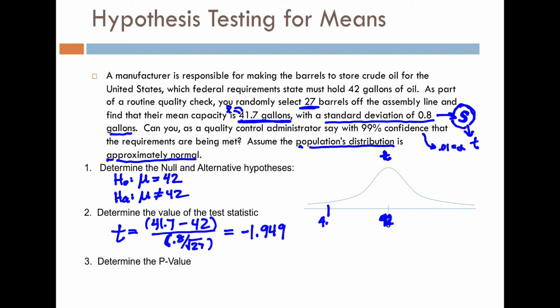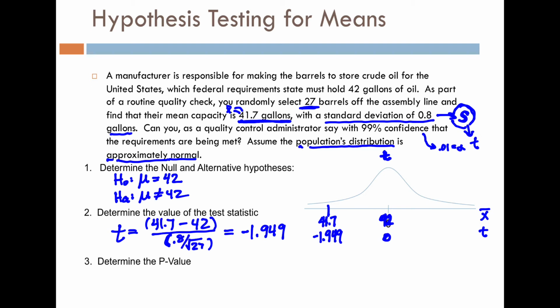It was 41.7, which is 0.3 gallons less. Now, how far that is less actually is a matter for calculating my T. At the center, T is 0, and so what we find is this is negative 1.949 standard deviations to the left.